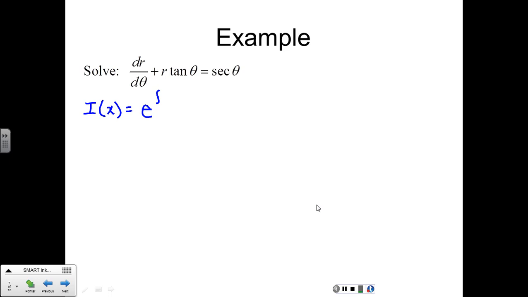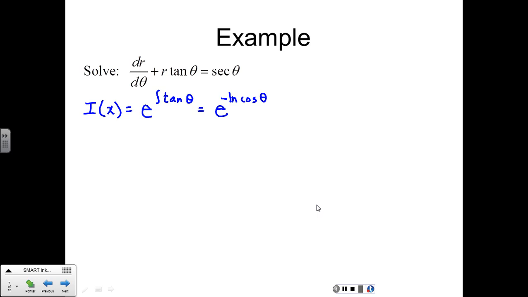So the tangent of theta is what you're going to integrate. And y'all have got such wonderful cheat sheets out there that you should be able to tell me that pretty quickly here. The integral of tangent, I think I do. Yeah, I do know what it is, but you'll help me out. Negative natural log of cosine.